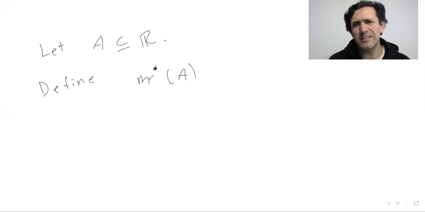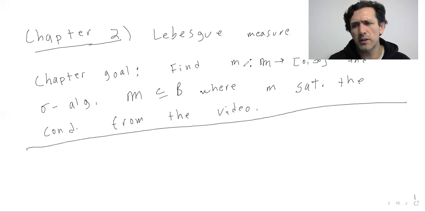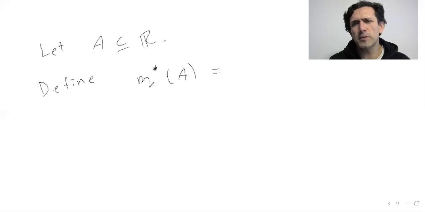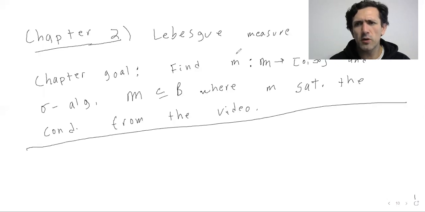As I said, this is going to be the definition of M. But just to emphasize that this function is defined for all subsets of the real line, we give it a new name, M star. So really this M here, script M, we'll take a little time to define, but M is going to be this M star restricted to these nice sets.